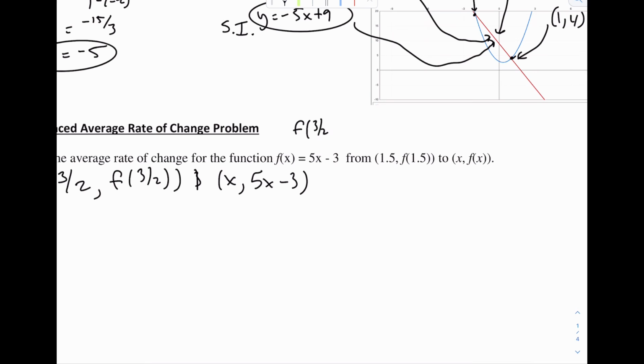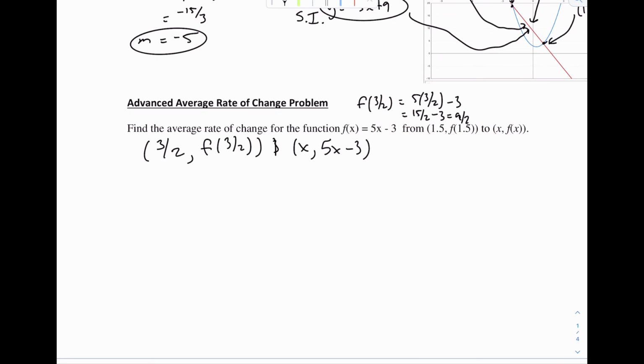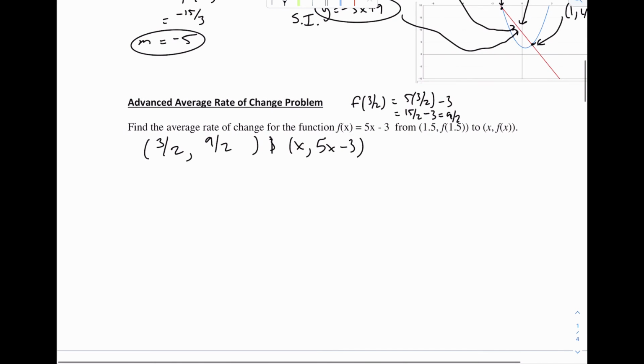So f of 3 over 2, that's just 5 times 3 over 2 minus 3. That's 15 over 2 minus 3. That would be 9 over 2. So now I can plug that in. And now let's do our average rate of change.